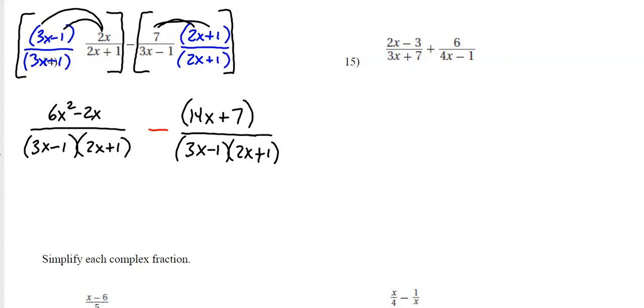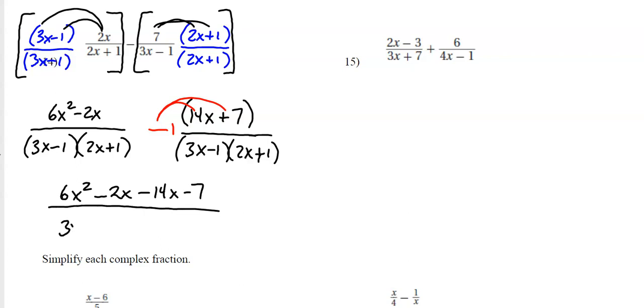And now we need to distribute this negative 1. And on top now I'm going to have 6x squared minus 2x, and then after distributing, minus 14x minus 7. All over, I wish I could just copy and paste instead of rewriting this doggone bottom over and over.